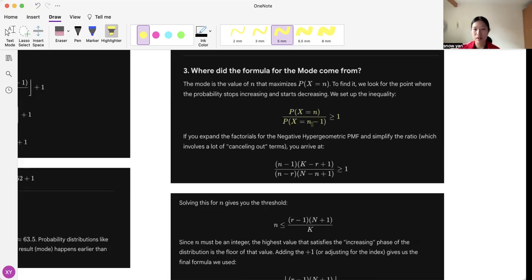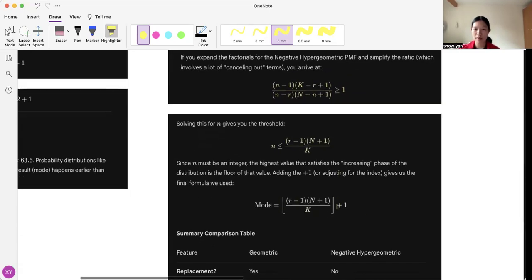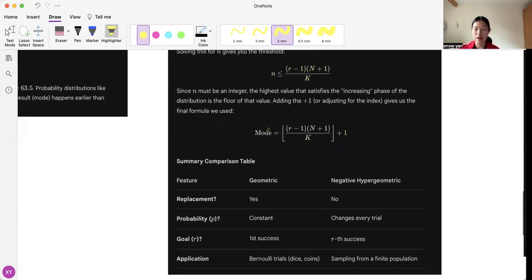So then we just put back in the negative hypergeometric PMF and simplify the ratio, and we get this equation over here. And then we just expand the bottom thing to the right-hand side. Then we're just going to find n is smaller than or equal to this thing over here. And since n has to be an integer, we're just going to take the floor of that plus 1. So that's basically how we got the mode.